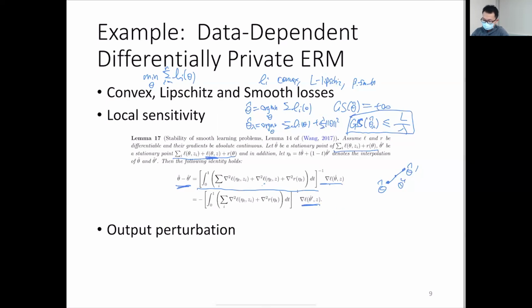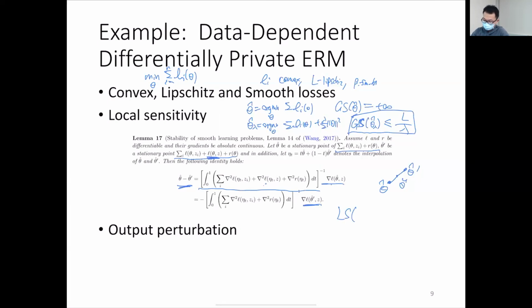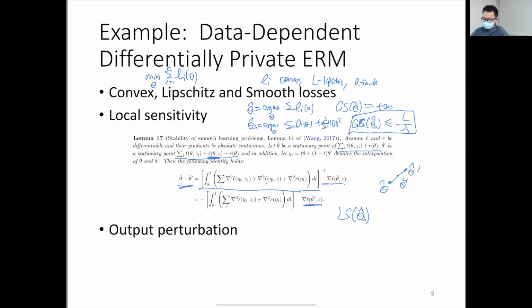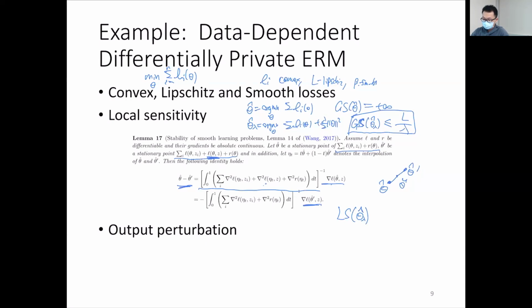Under these assumptions above, we can show the local sensitivity of this theta hat, even without adding this additional lambda parameter, but let's add this lambda parameter just for generality. So we can always upper bound this by L over... this is not just L, but actually L at this particular location.